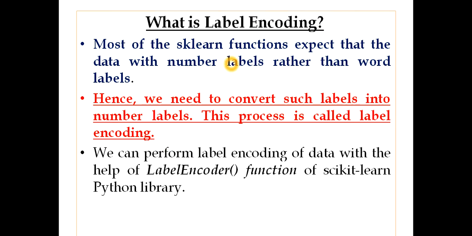Because most of the sklearn functions want the data as number labels rather than word labels, we have to convert the word-label data into number labels, and that process is known as label encoding. For performing it, we take the help of the LabelEncoder function of the scikit-learn Python library.